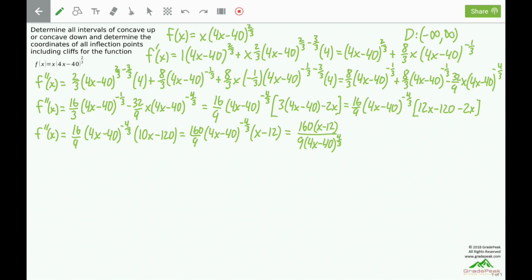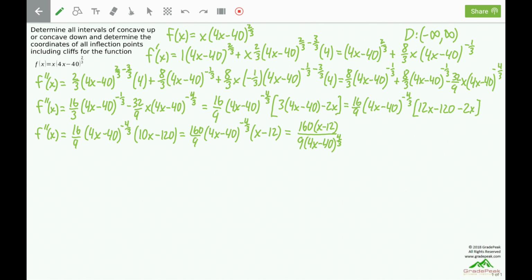So we have the second derivative written as a single fraction. All powers are positive, and it is fully factored at least for the portion that is not inside of a fractional exponent. No need to factor that. It has a common factor of 4 in there, but the fractional exponent is 4/3 power, which means cube root, and the cube root of 4 is not an integer, so it's best to leave that not factored.